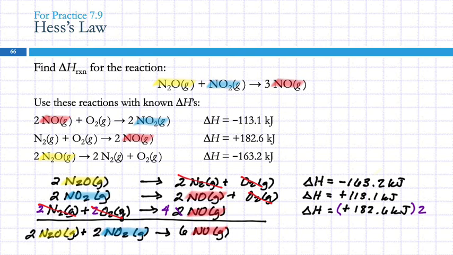The coefficients are wrong. This is coefficients of 1, 1, and 3. This is 2, 2, and 6. So this is twice as big as I need it to be. I forgot to add these up. I'm going to add up the delta H's: negative 163.2 plus 113.1 plus 182.6 times 2. Yeah, that's kind of high.